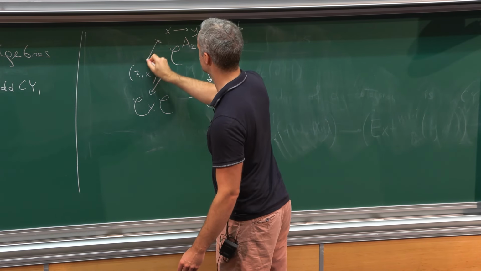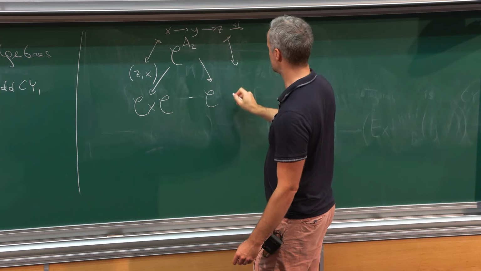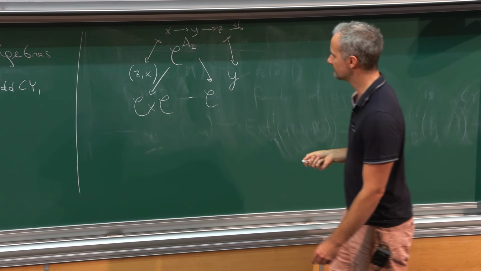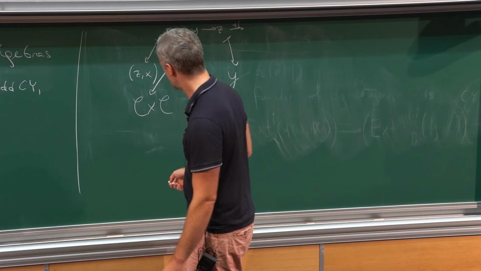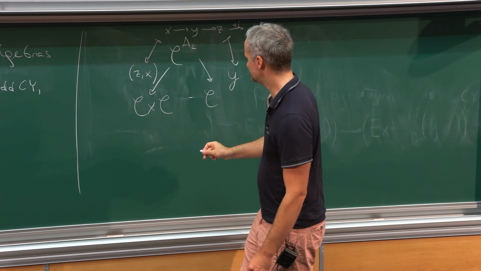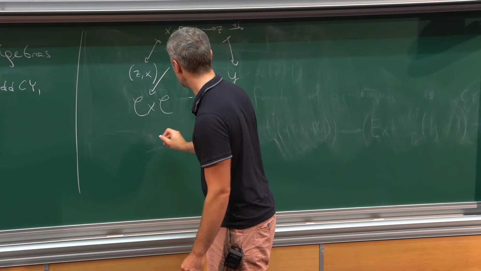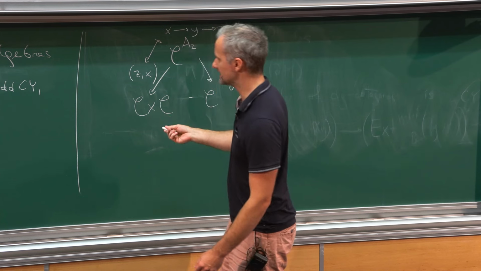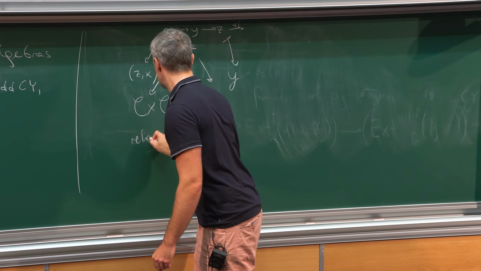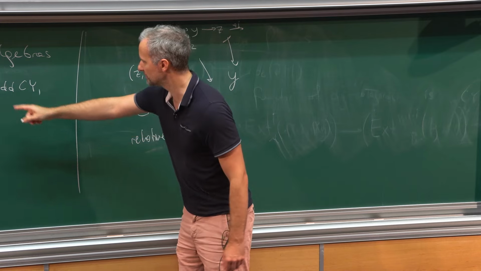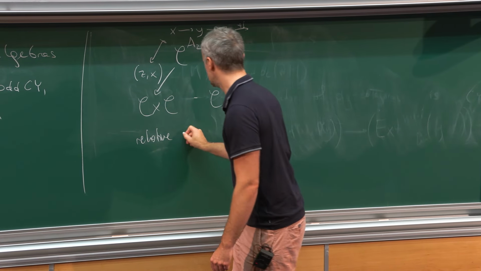So this sends this thing to Y. And this functor is now relative even Calabi-Yau of dimension 1 more than whatever my C was.